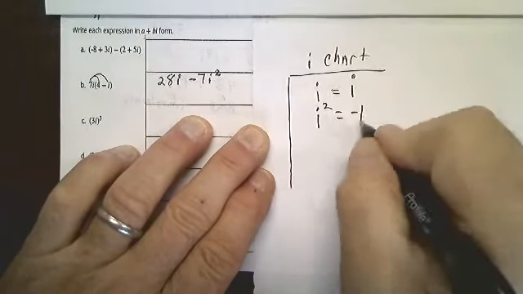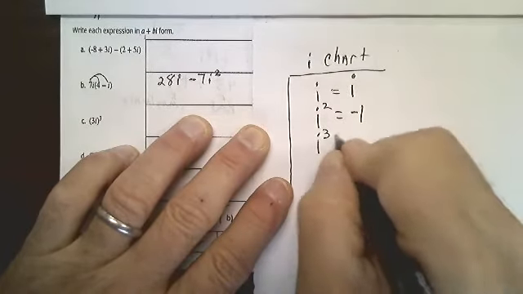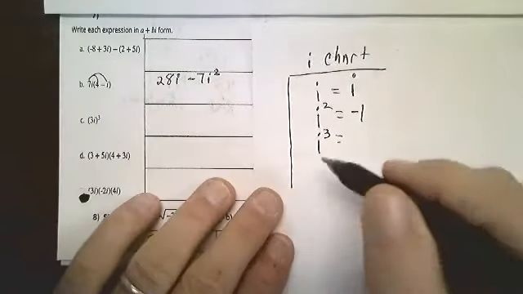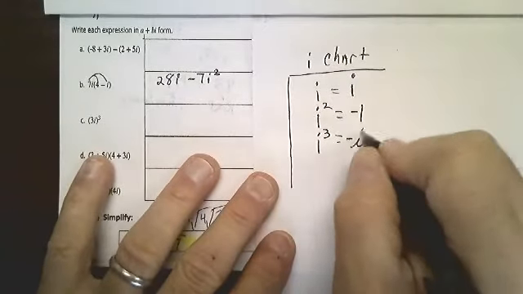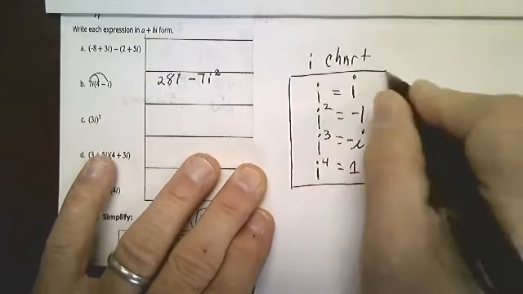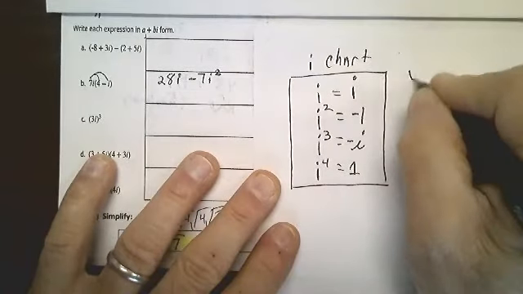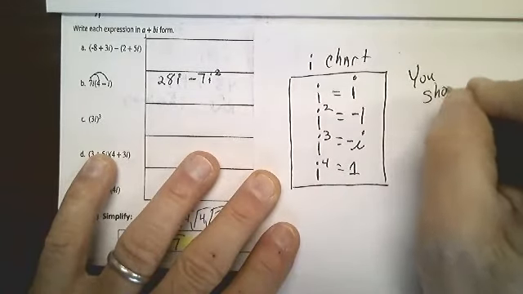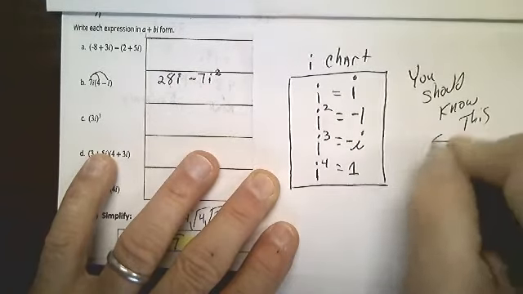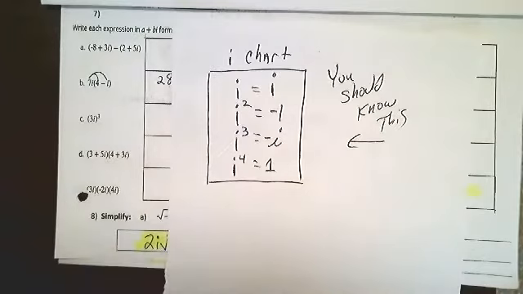So i squared equals -1, and i to the third is equal to -i, and i to the fourth is equal to +1. You should know this. That's called my i chart. And then from there, it just keeps repeating in that process.